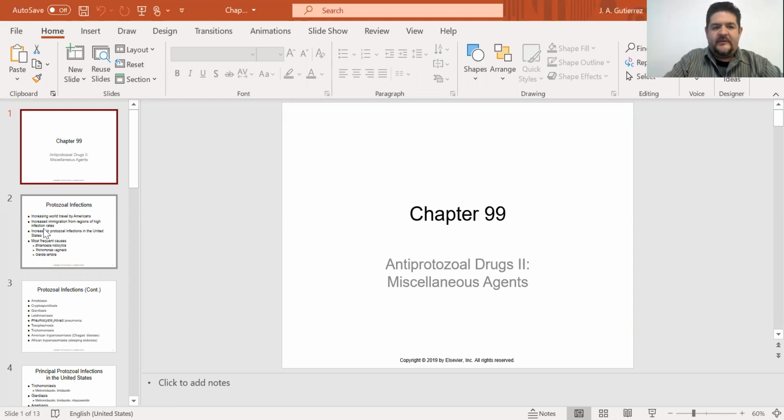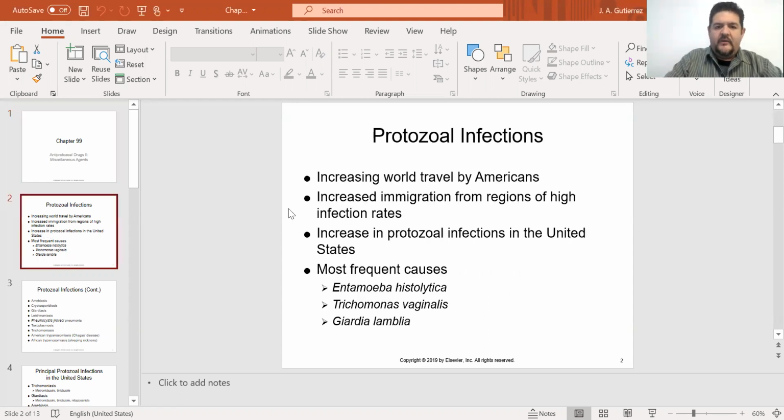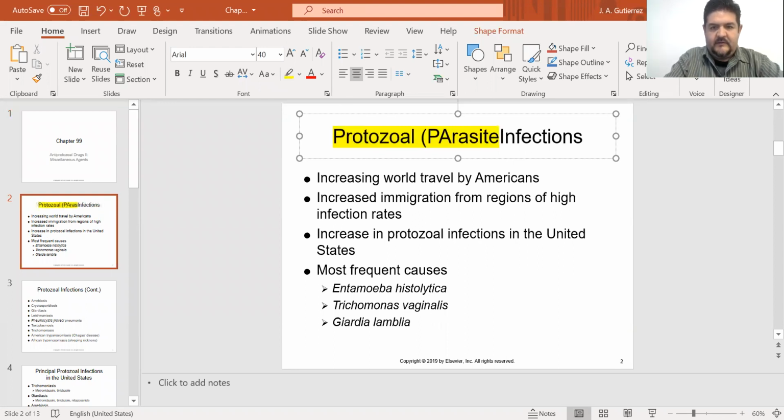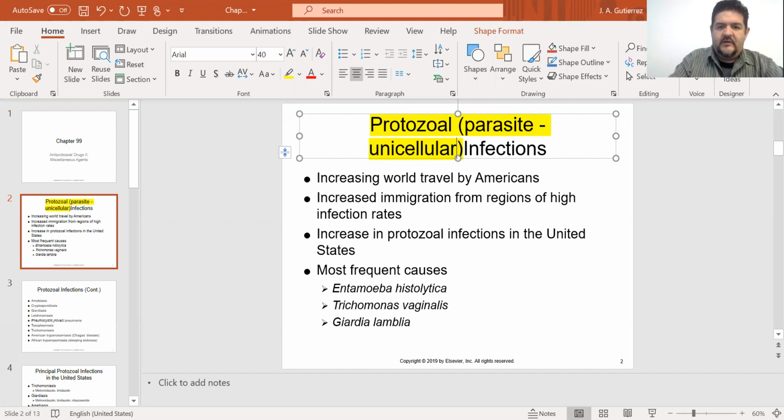Okay, let's start. Protozoal infections are parasite infections. The highlight of this type of parasite infection is that they are unicellular.